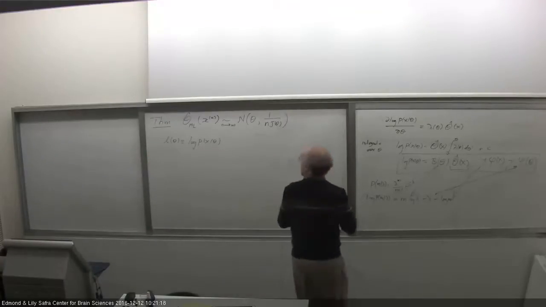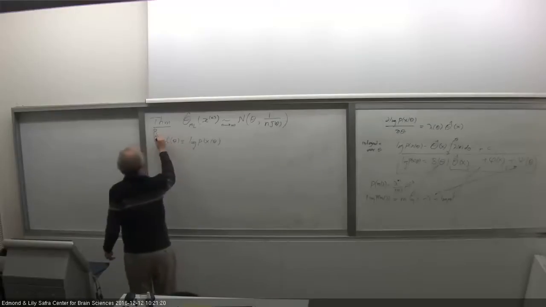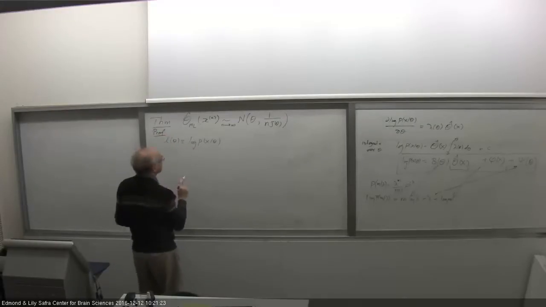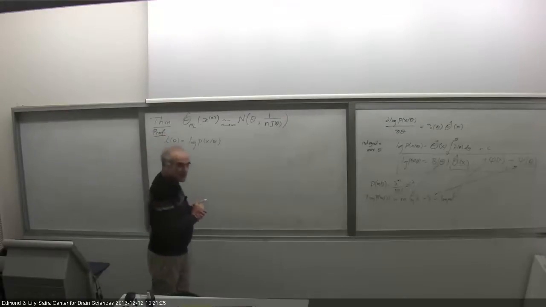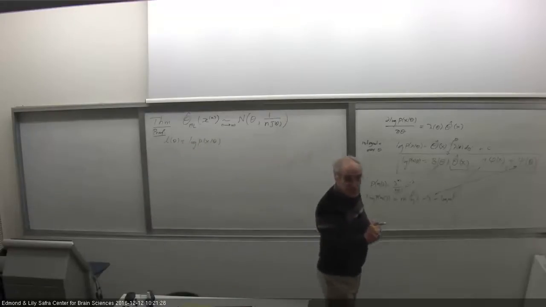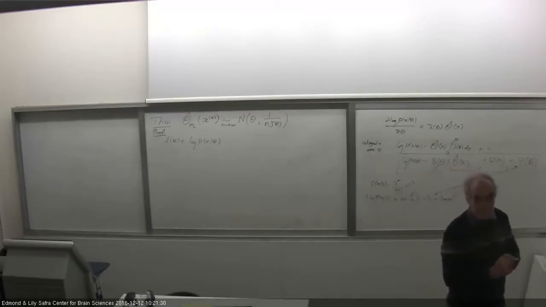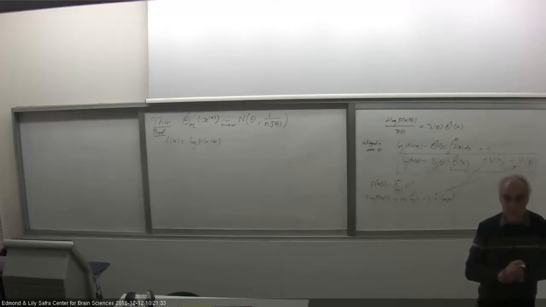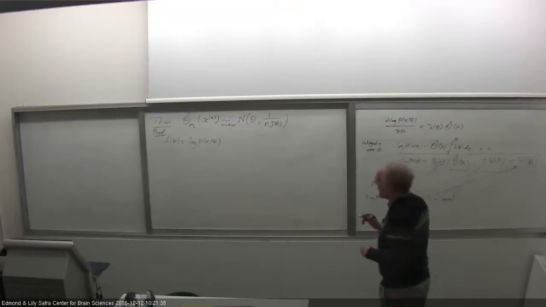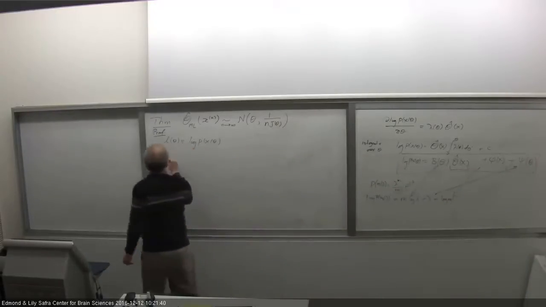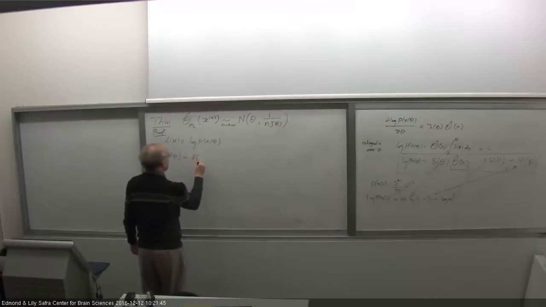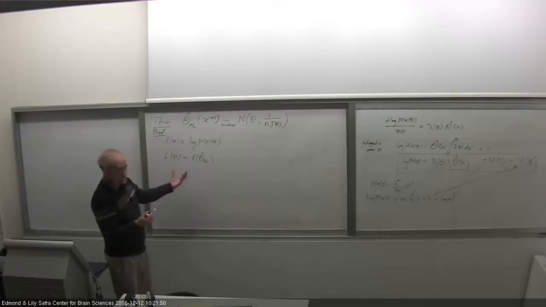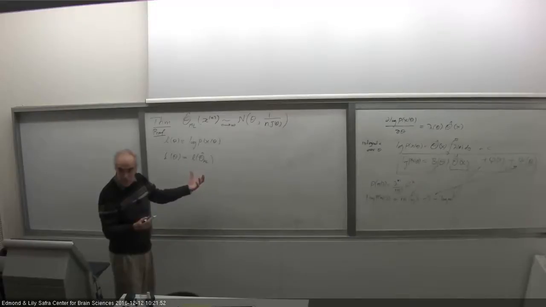So now I'm proving it under the right assumptions. I'm taking essentially a Taylor expansion of the log likelihood around the maximum likelihood estimate. So how do you do a Taylor expansion? l of theta is l of theta ml, this is the first term, I take an expansion around this point. What's going to be next?